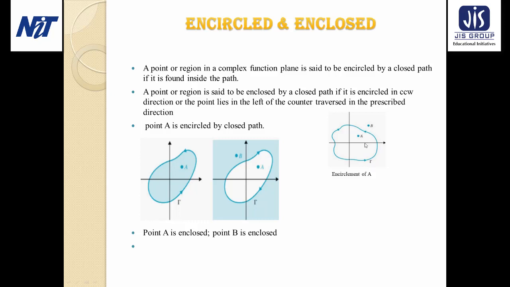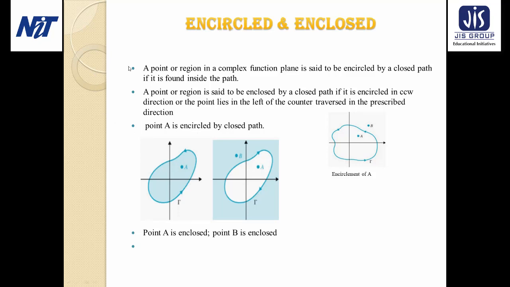So we can say that the point A is actually encircled by the closed path, whereas point B is outside of this path tau. So the point B is not encircled by the given closed path. Next is the enclosed.